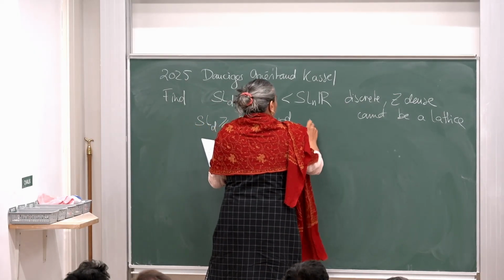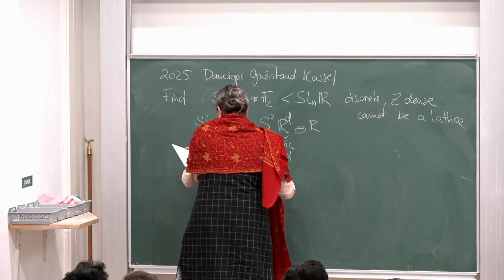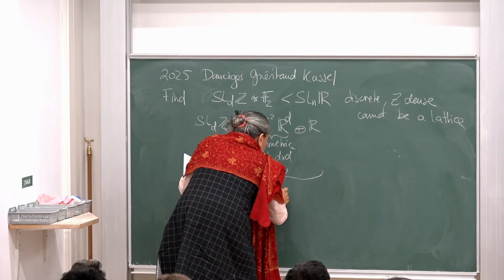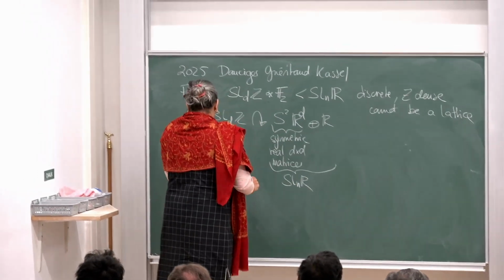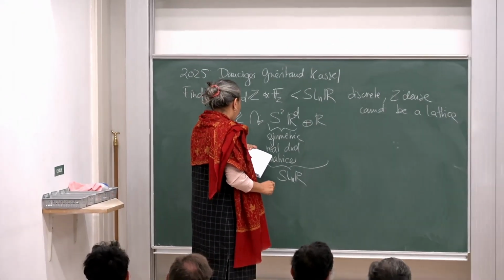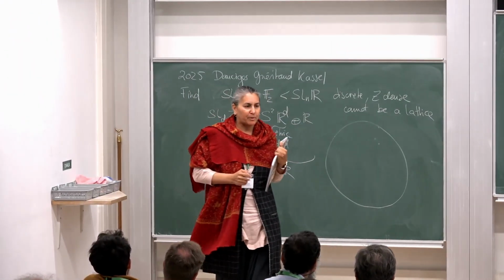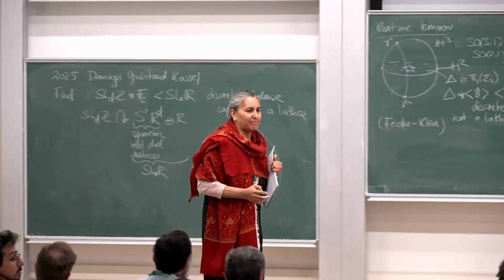And they add some trivial piece, and they put that in SLNR. And so I tried to read their paper, but it's too long, and I'm not a very avid math reader.